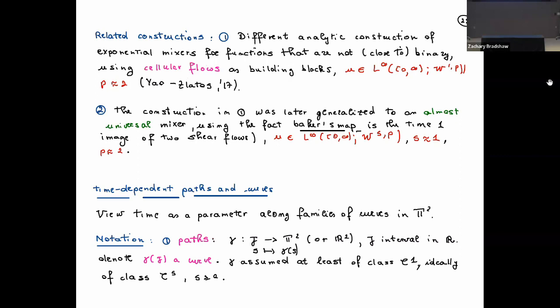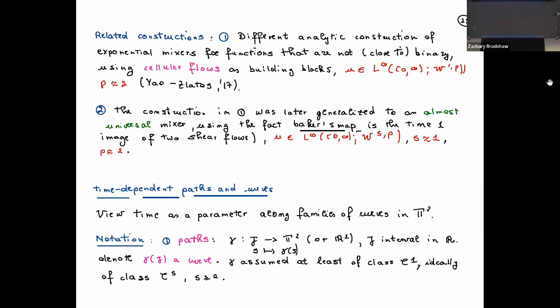The building blocks in their construction are close to cellular flows. The regularity is uniformly in time with values in W^{1,p} for p in a certain range around 2. And then later on, the work of Elgindi and Zlatos was generalized to the case of almost universal mixers.